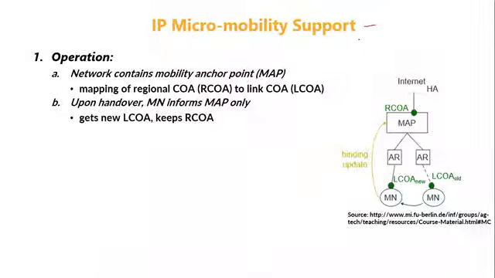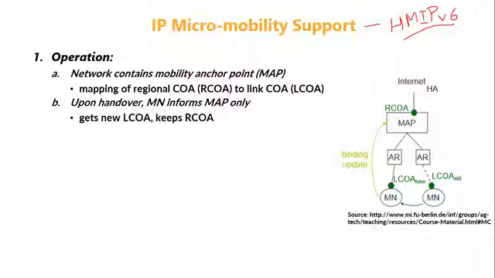Hierarchical mobile IP version 6 is shortly represented as HMIPv6.